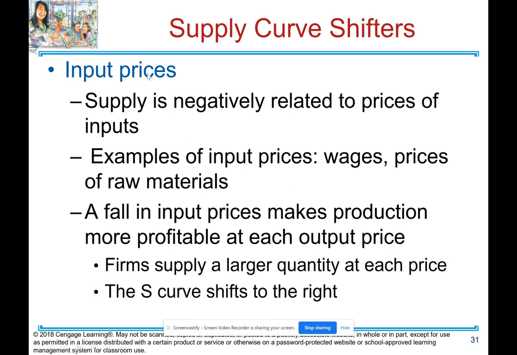Number one, input prices. Supply is negatively related to prices of inputs. Examples of input prices include wages and prices of raw materials. A fall in input prices makes production more profitable at each output price. Firms supply a larger quantity at each price, so the supply curve shifts to the right.